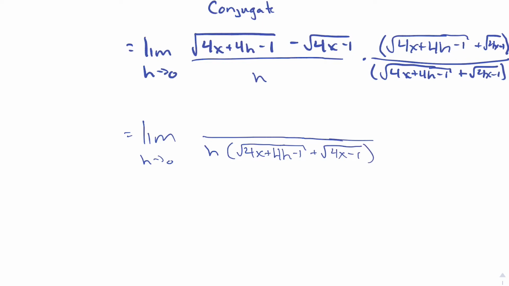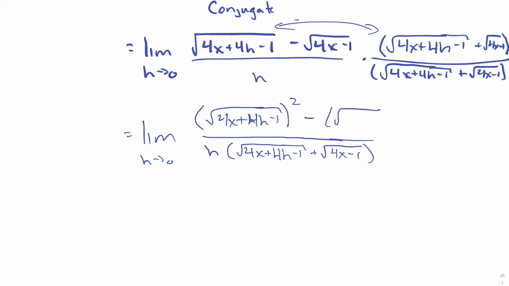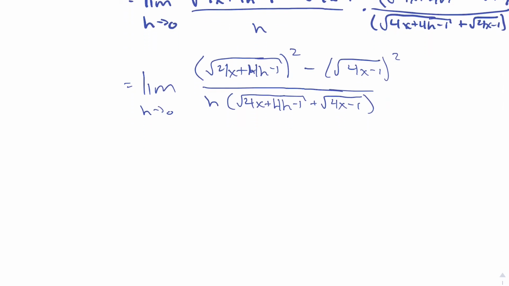When I FOIL this numerator, I know I'm always going to get the same expression: that first quantity squared minus that second quantity squared. Every time I FOIL conjugates, I get the exact same type of expression.